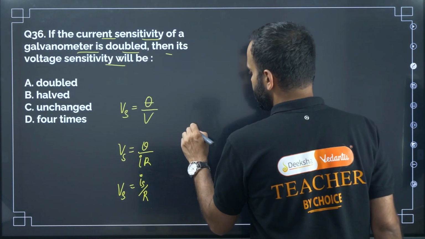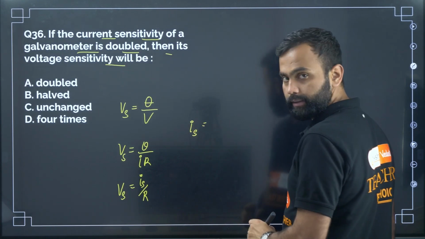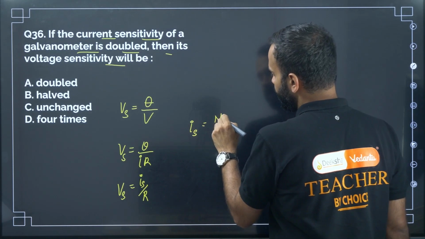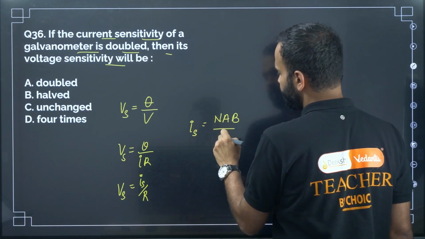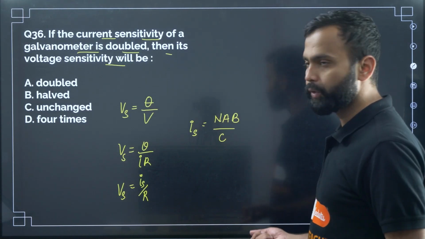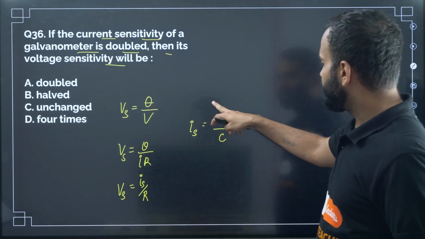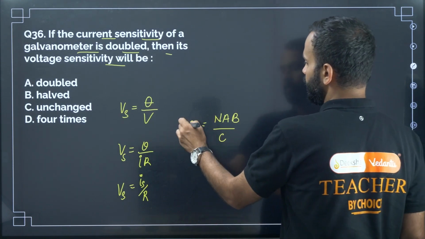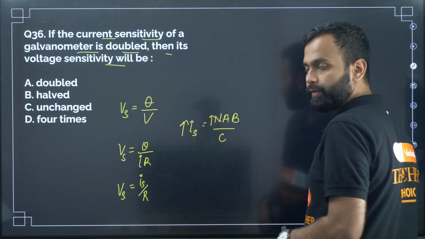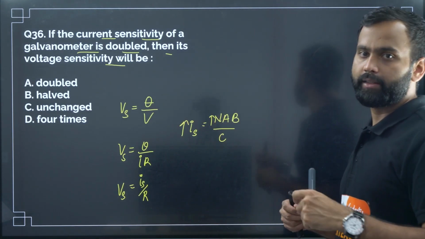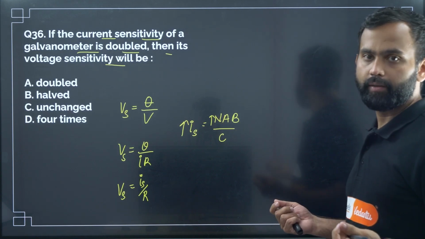We know that current sensitivity Is is equal to NAB divided by C. What is C? C is the restoring couple per unit twist. Now if the current sensitivity is doubled, then the number of turns will also be doubled, that is, the length of the wire increases.